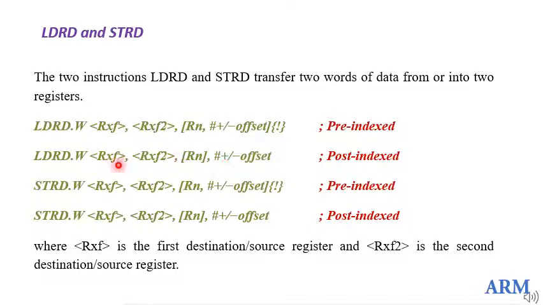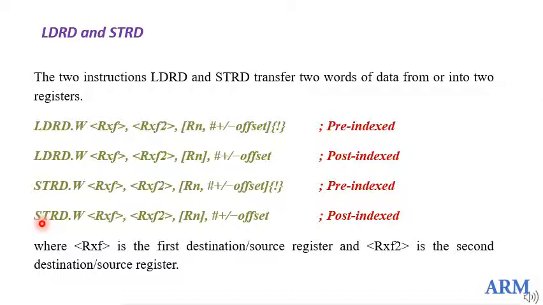Same is the case for the store instruction. STRD.W Rxf, Rxf2, [Rn, #plus or minus offset] is for pre-indexed, and as you have already discussed, this exclamatory mark implies that the base register, here Rn, will also be updated to the newly computed value.